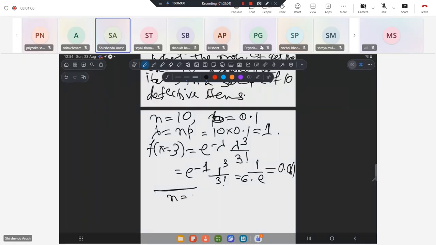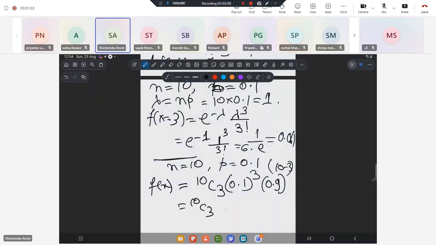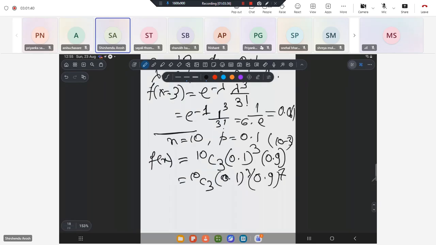Right? Now, the same problem I can model in terms of the binomial also, because already I know n is equal to 10, p is equal to 0.1. So I can construct the binomial also. For the binomial, we have 10 choose 3, 0.1 to the power 3, and 0.9 to the power 10 minus 3, that is 7.